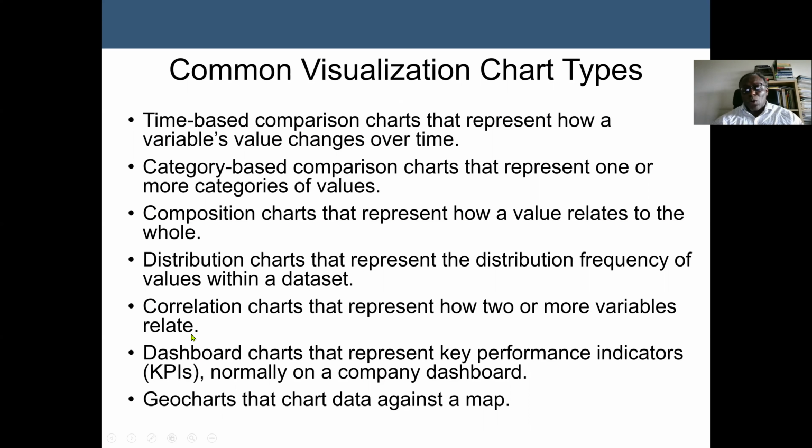Then we also have a correlation chart that represents how two or more variables relate. And dashboard charts that represent key performance indicators, normally on a company dashboard. Then we have the geo chart that charts data against a map. Again, geo means geographical location.